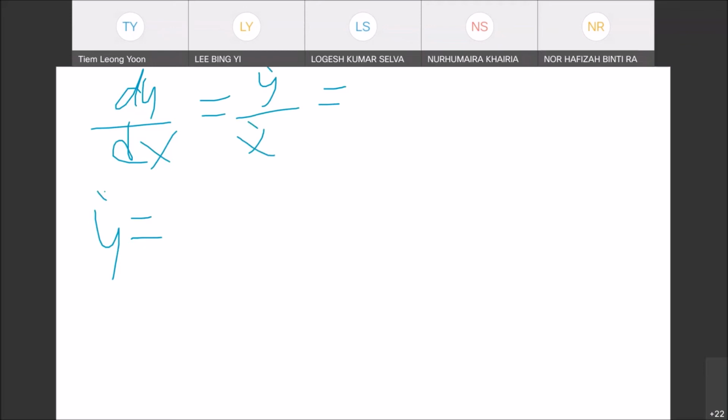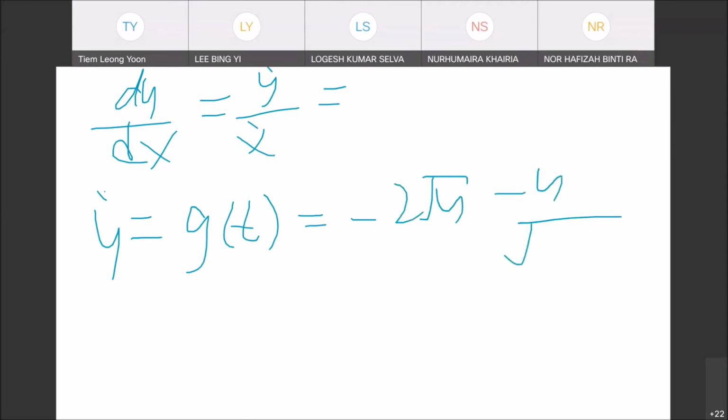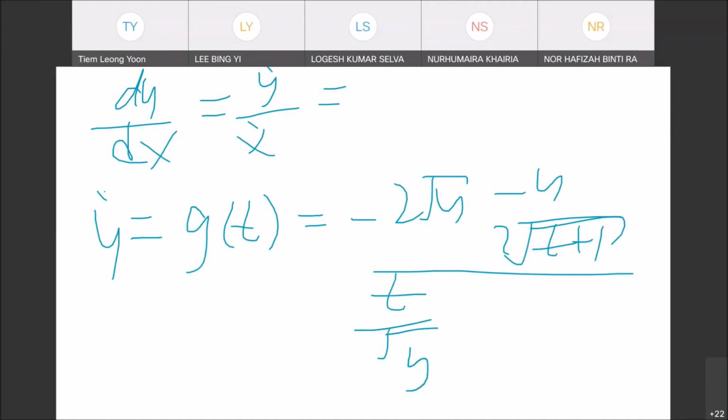I call this g. The g is minus 2 square root of y minus y over blah blah blah 2t plus 1 divided by t over square root of y plus square root of t plus 1.